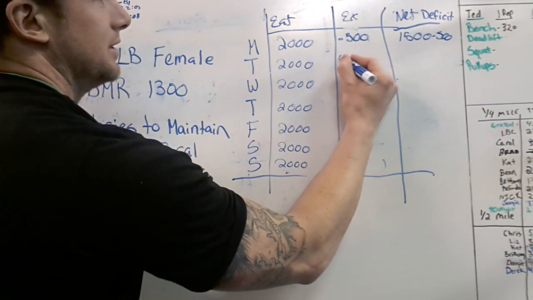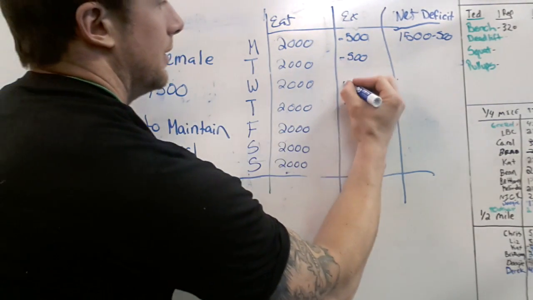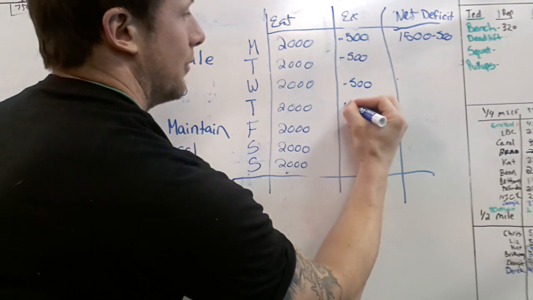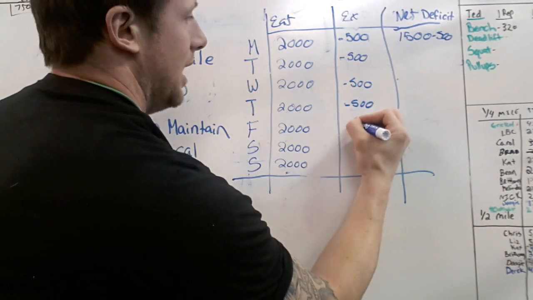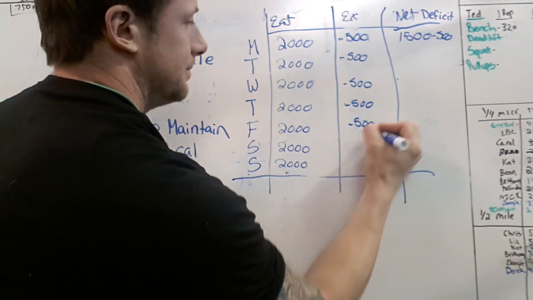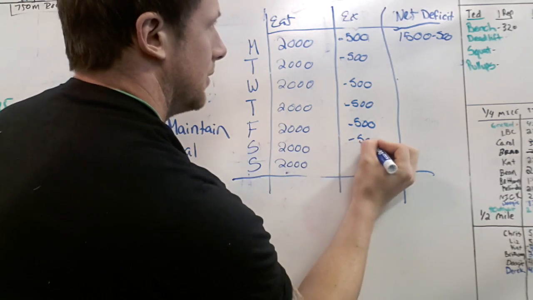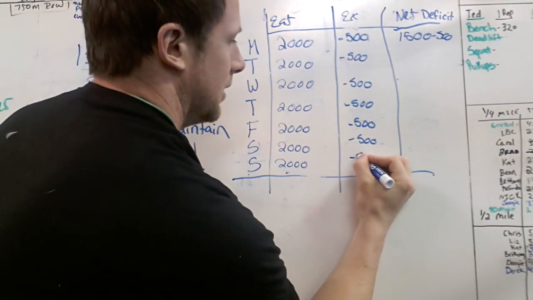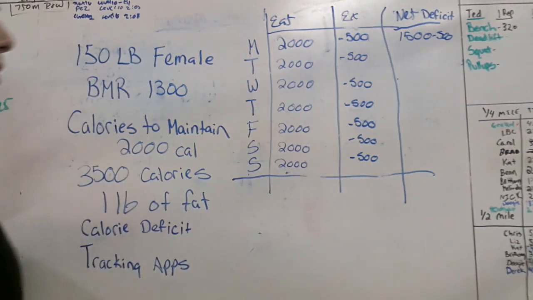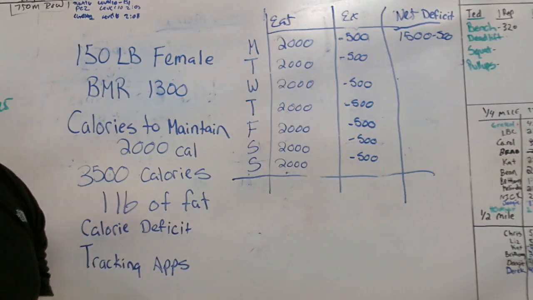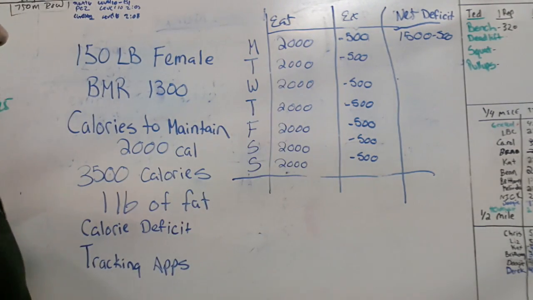So, if we're ultra consistent and we exercise every single day, all 7 days we exercise and burn that 500 calories.